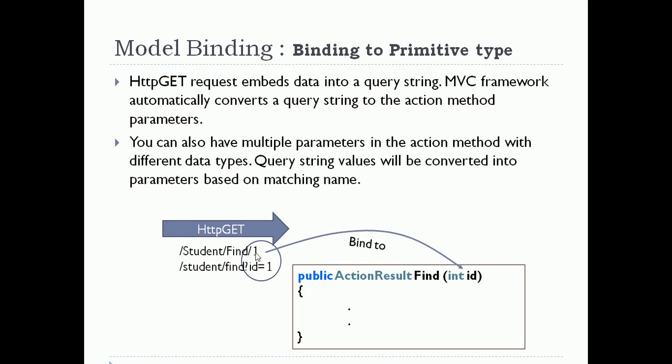Here nothing is specified, still this also gets collected in ID because the ID parameter is specified as a route parameter in our routing file, the RouteConfig file. Again, those who are not familiar with routing, please watch the video on routing. If the id parameter is defined as a route parameter in our RouteConfig file, then also it gets automatically mapped to our action method parameter.